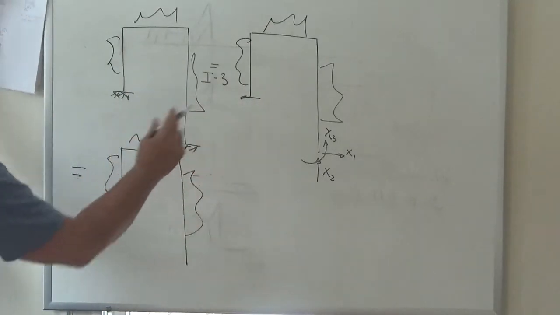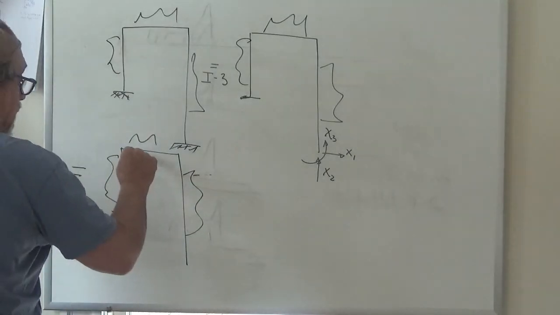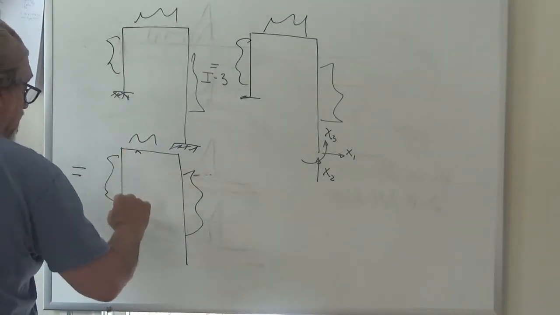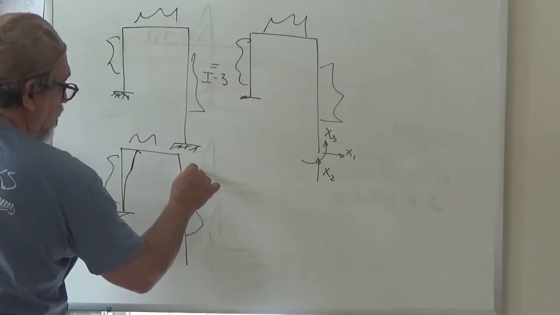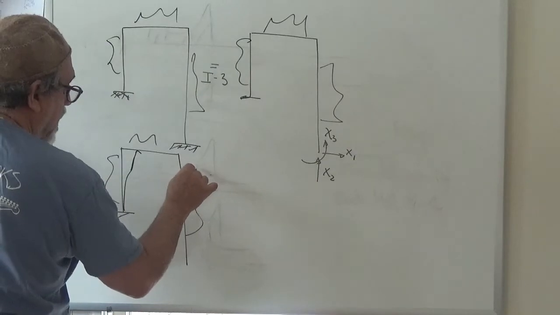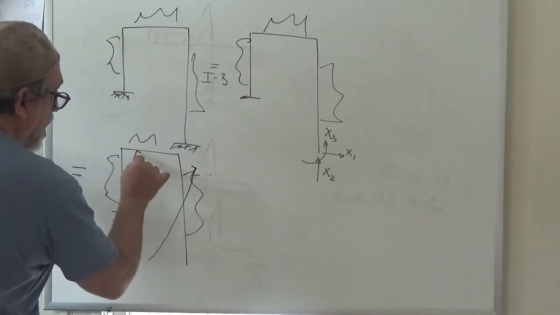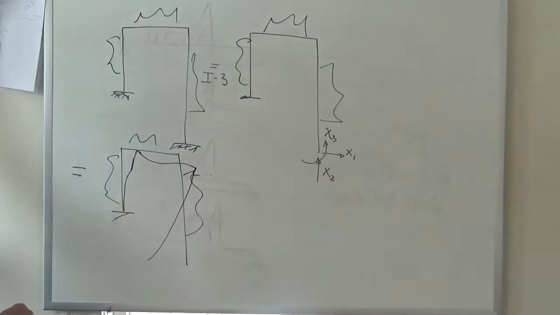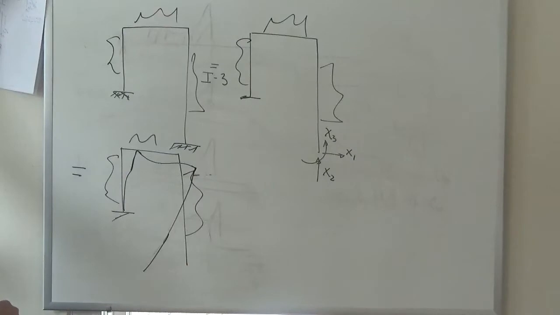But let's say you didn't have x1, x2, and x3. Then this structure will, I don't know, let's say deform to here. Maybe this one deforms to there. So maybe it's like this, right?